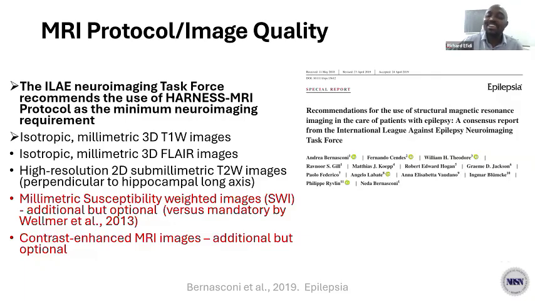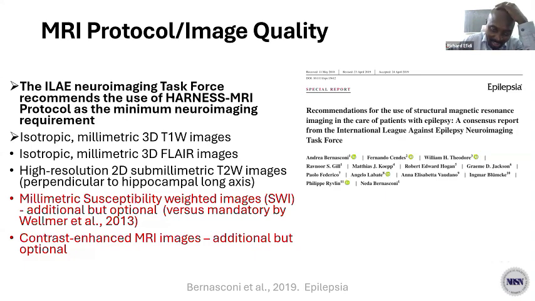This is important because the usual coronal images we acquire are perpendicular to the ACPC axis. But for epilepsy, the images, especially the T2 weighted coronal image, must be acquired perpendicular to the hippocampal long axis.